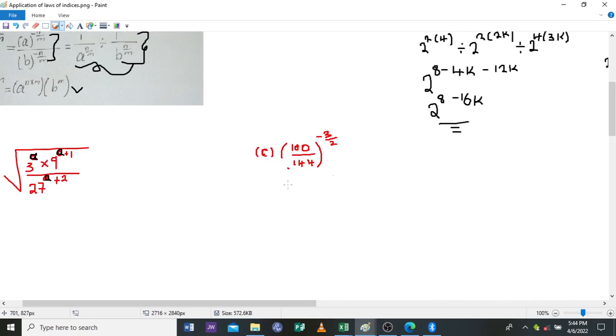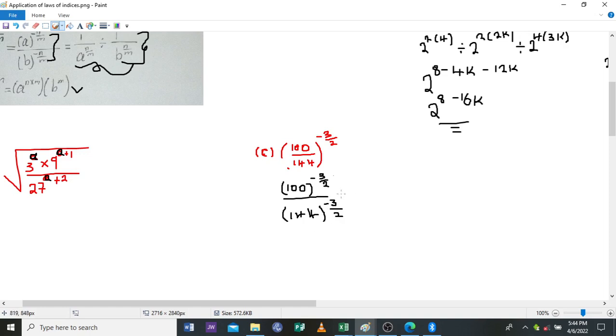So if we do that, we can split the powers, and that means we are going to have 100 raised to the power negative 3 over 2, and at the bottom, we are going to have 144, raised to the power negative 3 over 2, right?